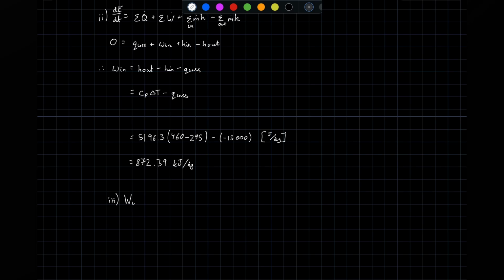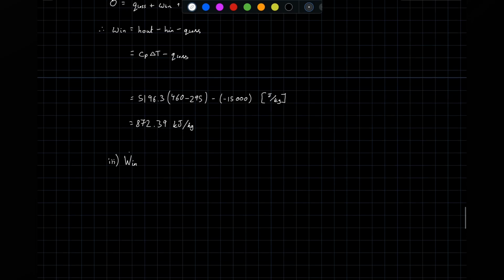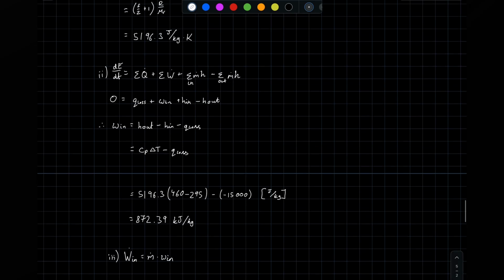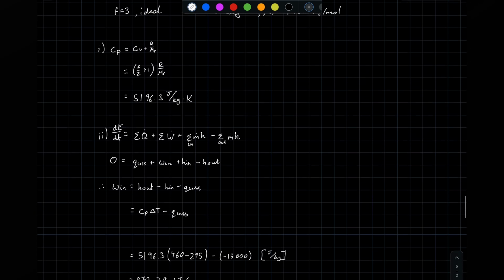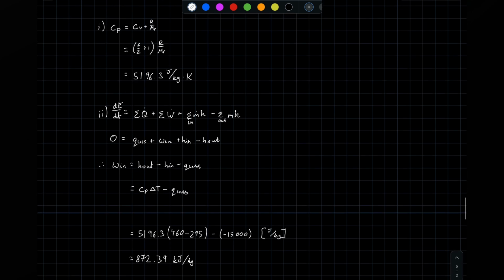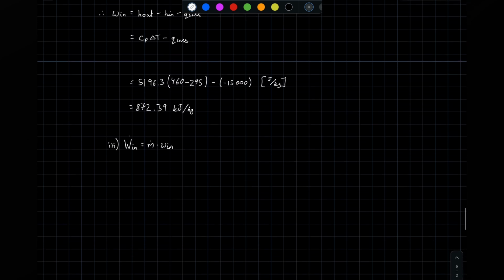And now the final step is figuring out our actual work. So our actual work, or our power which we need to put in, will be our mass flow times our work per unit mass. And what you should realize is that the mass flow in and the mass flow out are the same because you only have one thing coming in and one thing coming out, and the mass cannot magically disappear inside.